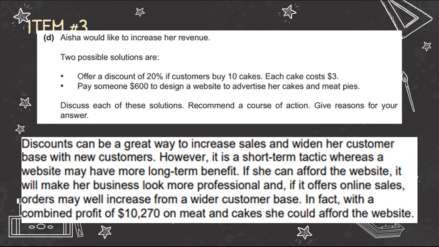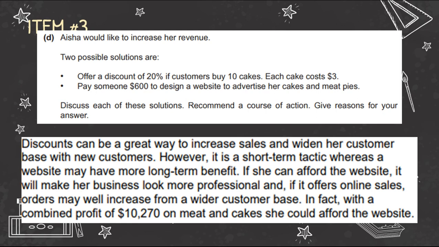Unfortunately, however, it's a short-term tactic or a short-term solution, okay, not unlike the website, which may have a long-term benefit. And of course, if she can afford a website, then it will make her business look more professional, because nowadays, it's a fact that if you have a business, there should be a website.